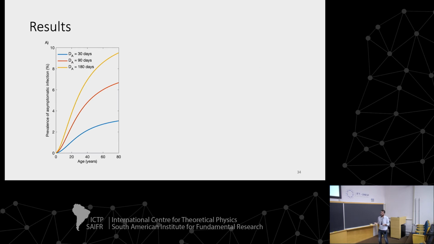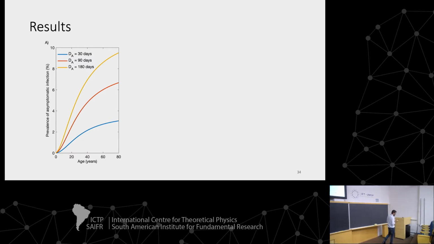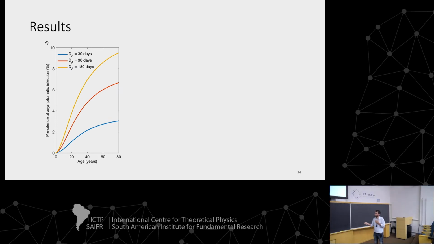But then we tried different scenarios. We said 30 days, 90 days, or 180 days that a person will remain asymptomatic. And then our model predicted these values here, which is according to the literature. The older the population, the higher the prevalence of asymptomatic infection.